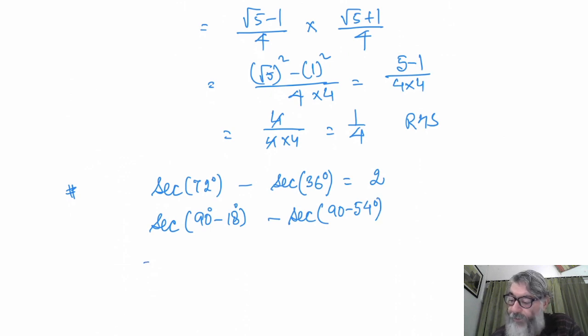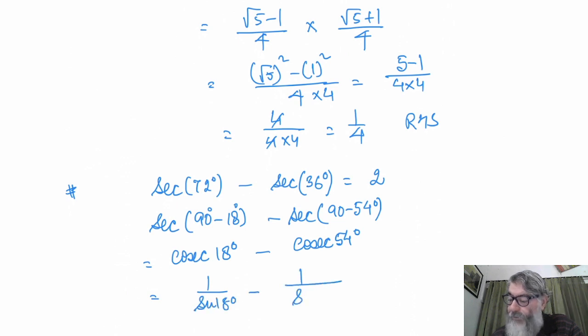So it becomes cosec 18 degree minus cosec 54 degree. That means 1/sine 18 degree minus 1/sine 54 degree.